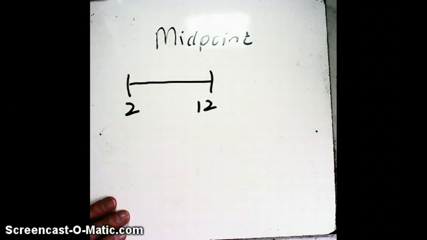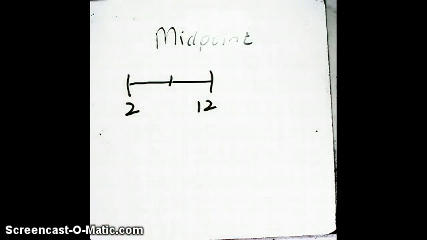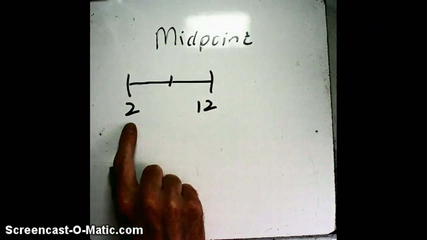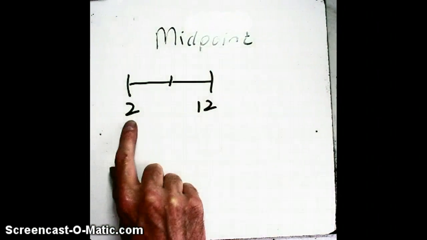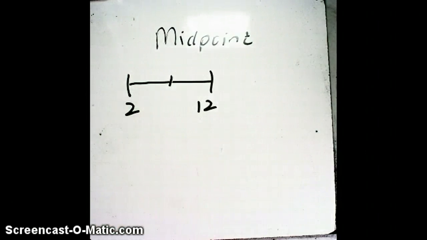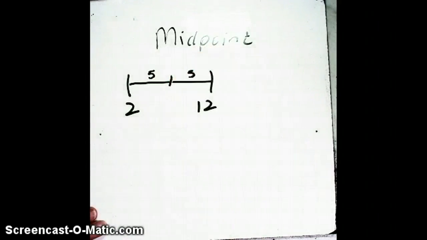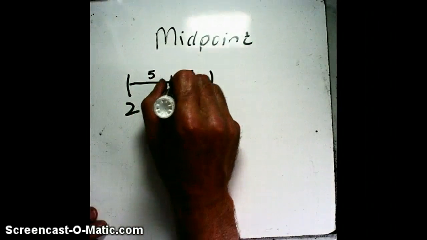Well, let's see how we're going to do this. What mile marker are we going to meet at in the middle? Well, there's 10 between them, so it would be 5 and 5, and so that would have to be 7.